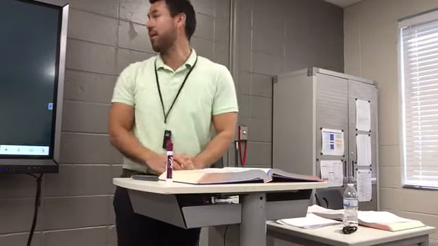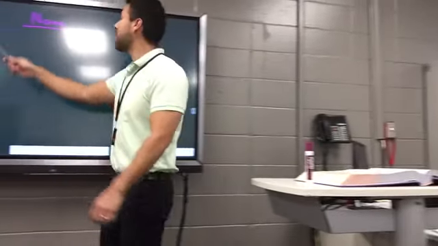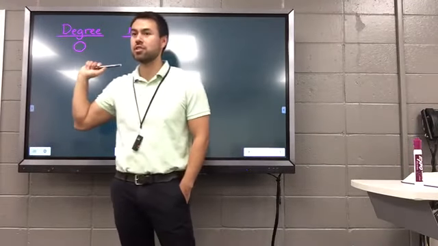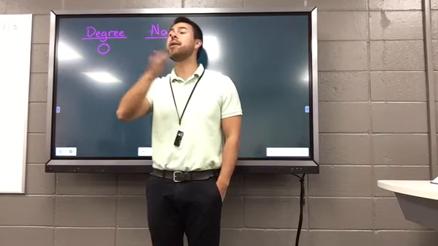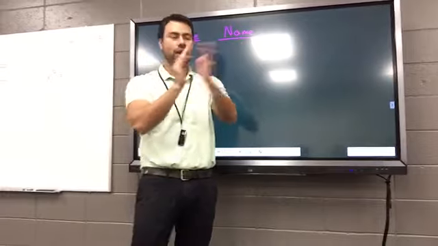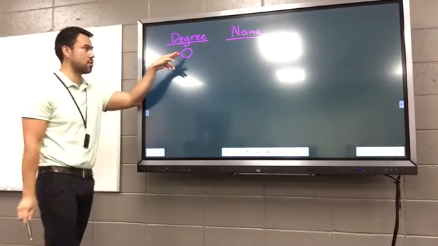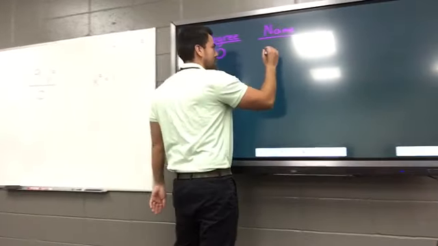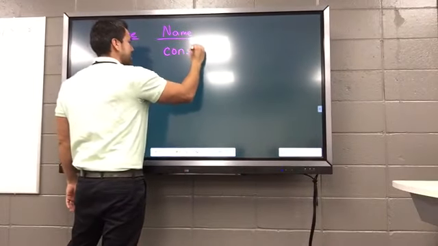No. Okay, ready? If you have a degree of 0, does anyone remember what terms have degrees of 0? Just numbers. Like if it's 19 or negative 100, that has a degree of 0. And it has a special name if that's the highest degree. It's called a constant.